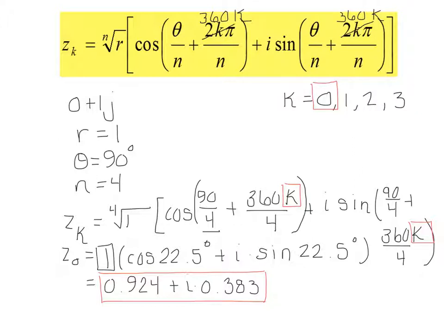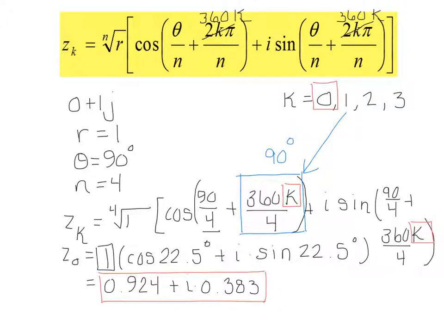Now, to find the remaining 3 fourth roots of j, what we want to look at is just this portion of the formula. If I put a 1 in for k, I'll have 360 times 1, which is 360, divided by 4, which is 90 degrees. Every time I put a new number in for k, the angle measure that I previously had is going to go up by 90 degrees.